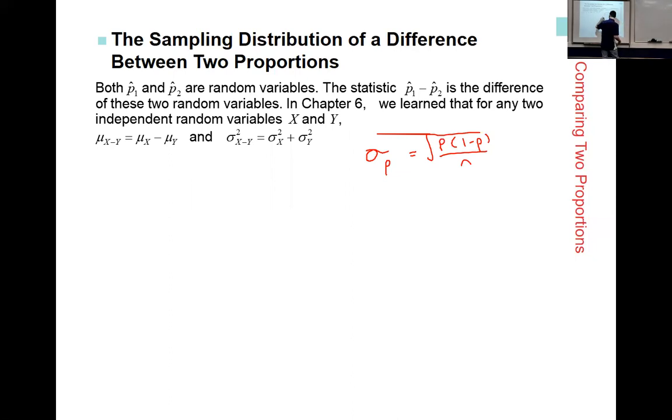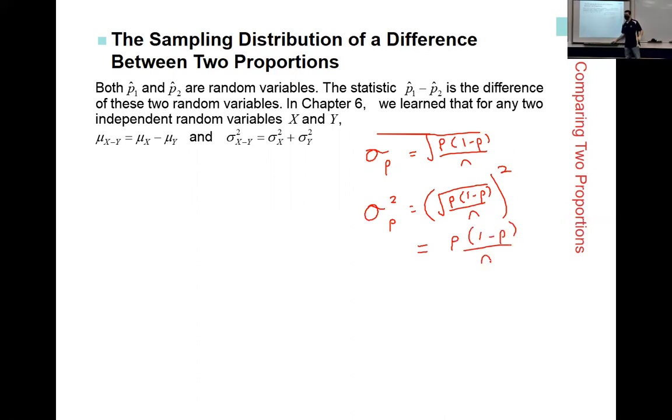I get the variance by squaring the standard deviation. Take it and square it. And so when that happens, I get no more square root. Again, you will not need to memorize this process. We're just talking through where the formula comes from, just reminding you of the big picture here.